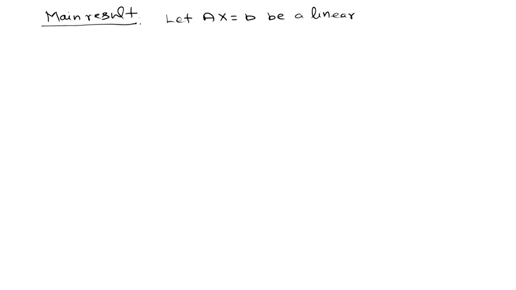One more thing I want to write about, that is a main result. So, we can summarize this main result as: let Ax = b be a linear system where A belongs to R^(n×n) and b is a vector from the n-tuple real vector space.